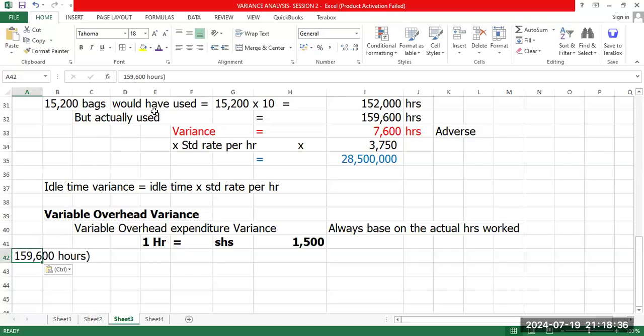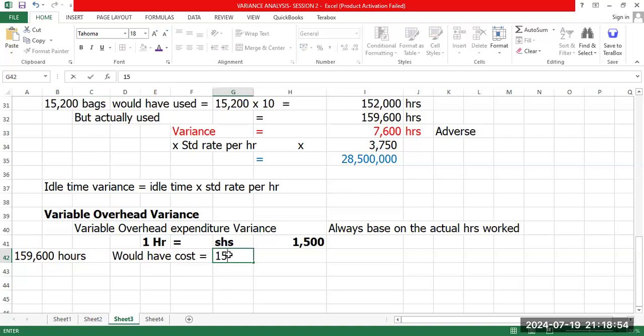So actually, they used that, and this time would have cost how much? 159,600 times 1,500. How much do you get? 239,400,000. Perfect.